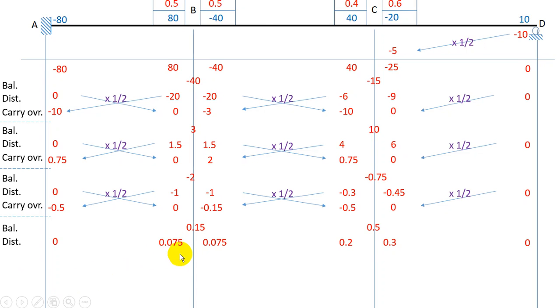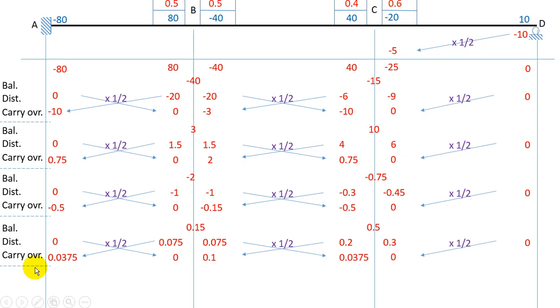If we see here, we are getting 0.075 and 0.075, which is quite low. So we can actually stop our iterations here. We just complete the whole iteration process, and that is the third step of the iteration itself. Now we are getting quite low values.